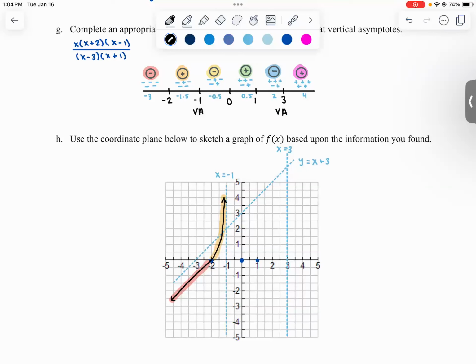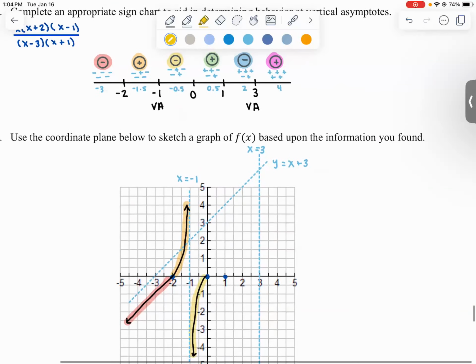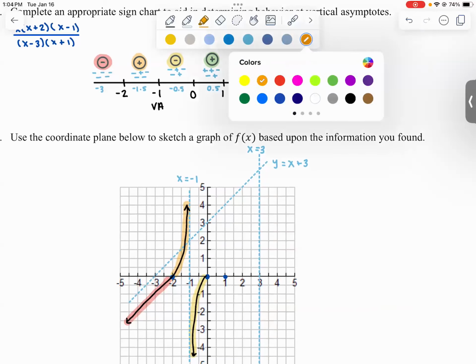Then next up, on the right-hand side of that first vertical asymptote, so from -1 to 0, I am down below my x-axis. I'm going to come up and hit that x-intercept at 0. This will represent my yellow portion. Then my sign chart tells me that I am positive next.